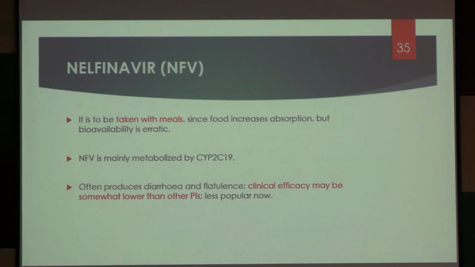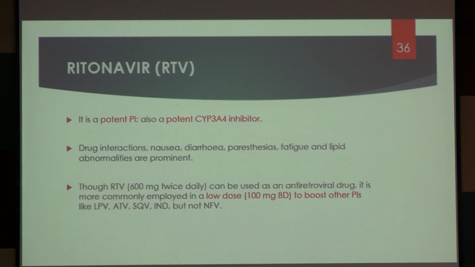Coming to Nelfinavir, Nelfinavir is metabolized by CYP2C19, so it is not a part of boosted PI regimen. Clinical efficacy is somewhat lower than other PIs. Ritonavir is basically a potent protease inhibitor and a potent CYP3A4 inhibitor.